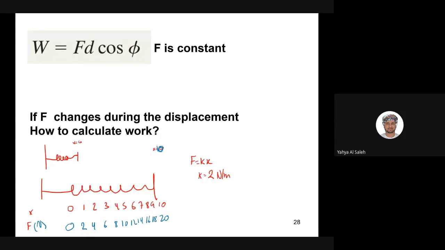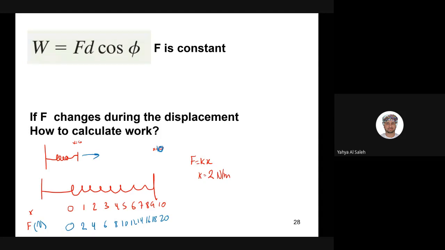So one person says 20, which is the final force. One person says none of them. One person says all of them. Okay. If I put 20, let's say my force is exactly here horizontal, so we don't have any components.